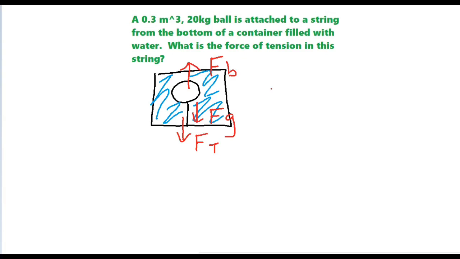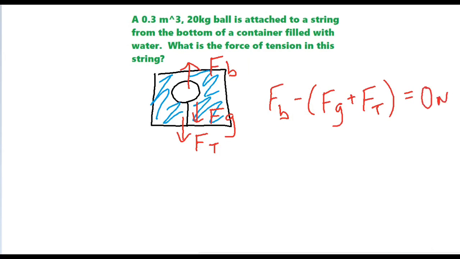So in this case, we can go ahead and set up our formula as FB minus the sum of our two downward forces, and that's equal to 0 newtons because the object is static.